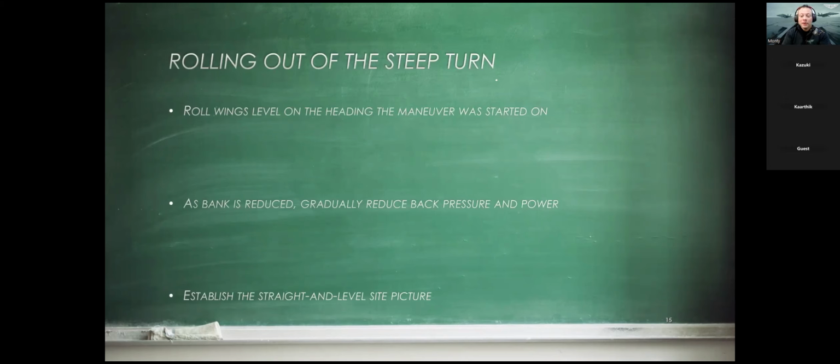At the private pilot level, you only need to do one turn at a time. So when you are about half the bank angle away from your target, so if we're doing 45-degree turns, about 22 degrees or so away from your original heading, you'll start your rollout, and you want to end exactly on your initial heading.